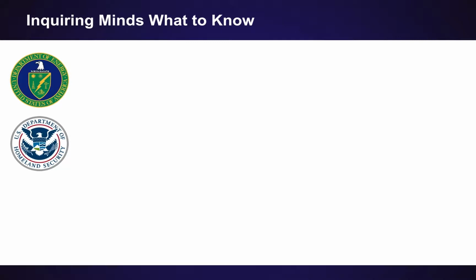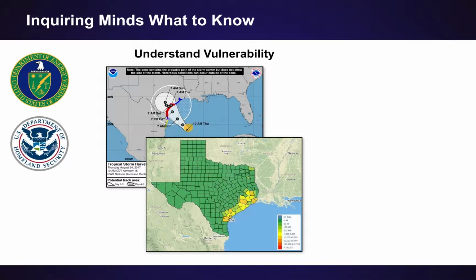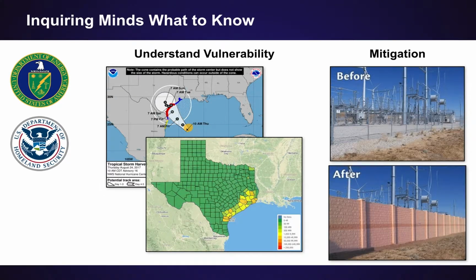So the main questions that these agencies want to know are twofold. First, they want to understand the vulnerabilities. So in the event of these types of natural disasters or targeted attacks, how bad could things be? And then after that, they want to answer, how can we mitigate the potential damage of those disasters?